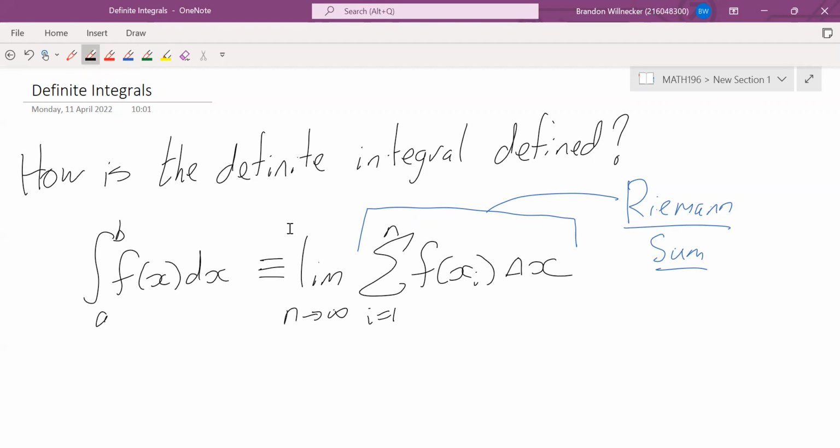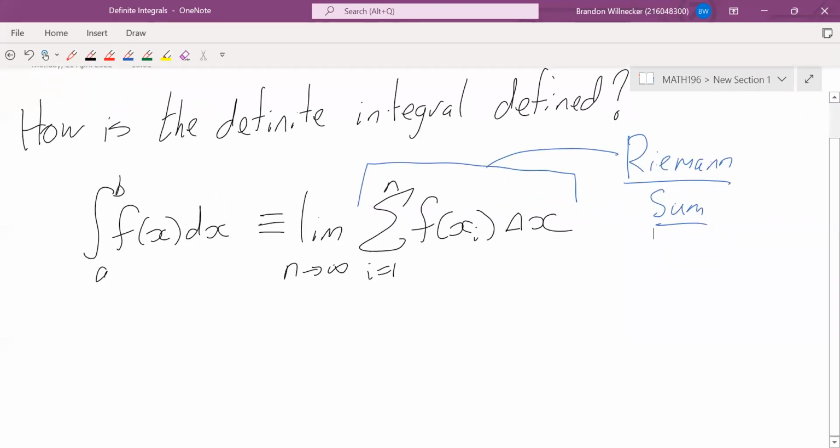Now, we know from the fundamental theorem of calculus that this definite integral can be written in a different way. So this top part was the first way we saw it.